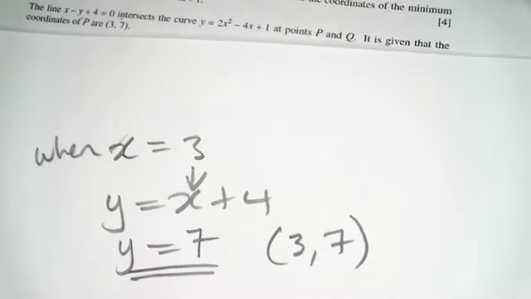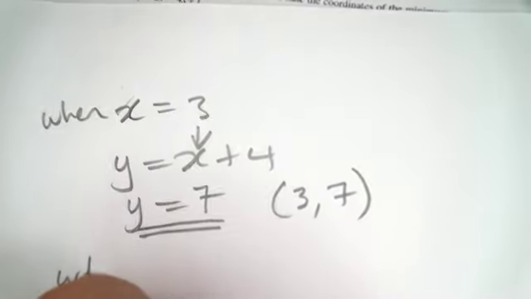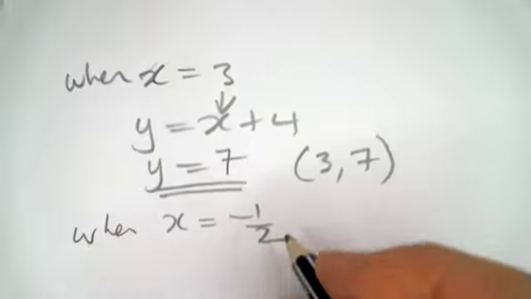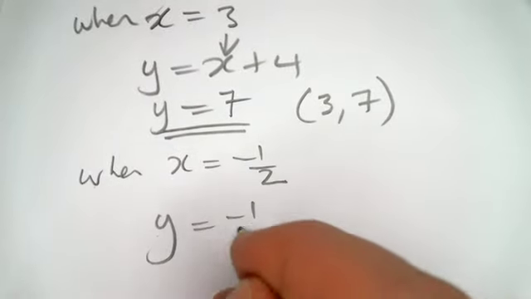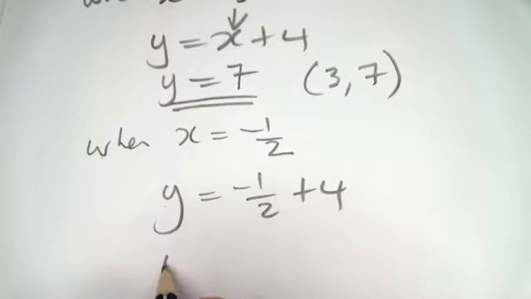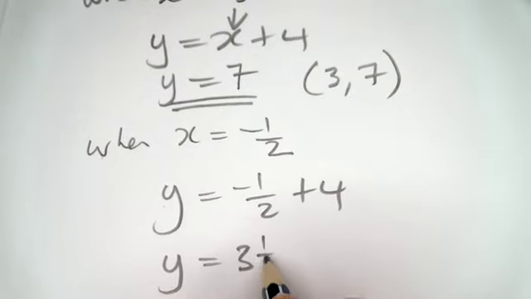But we want to find the other one. So we could say when x is equal to negative 1/2, y is equal to negative 1/2 plus 4. And 1/2 and 4, suddenly we're going to end up with 3 and a half. So y would equal 3 and a half.